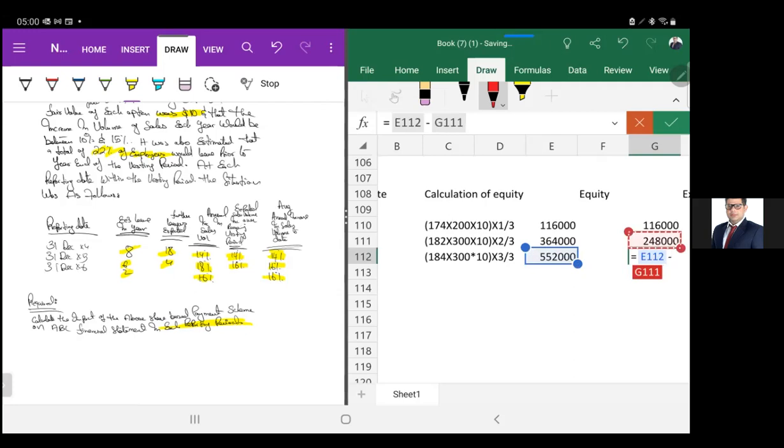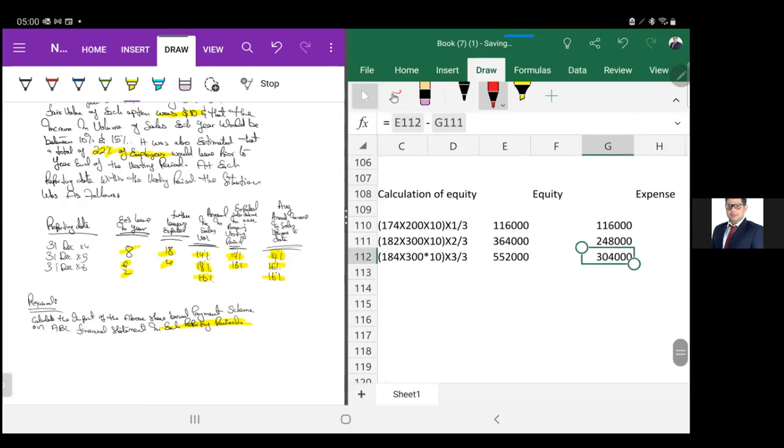minus the expense of the last 2 years, that is 248,000, and sorry, just a second, the expense is 552,000 minus 364 actually.